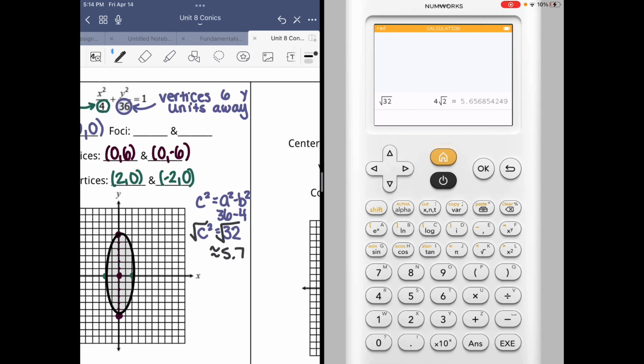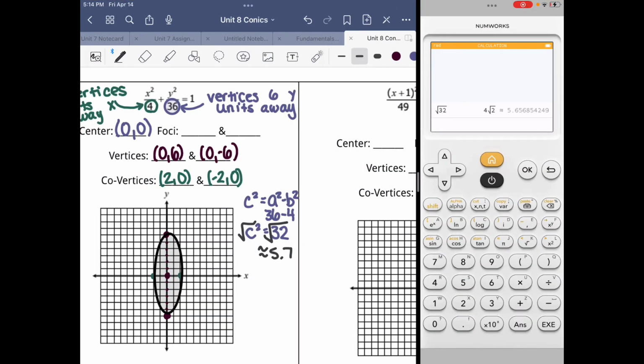Now, this is the tough part of the foci, is that 5.7 has to be along the same direction as my vertices, which in this case was y. So this is going to be in the y direction since y had a bigger number underneath. So I take my center and I add and subtract 5.7 to the y part of the point, which gives me 0, 5.7 and 0, negative 5.7.